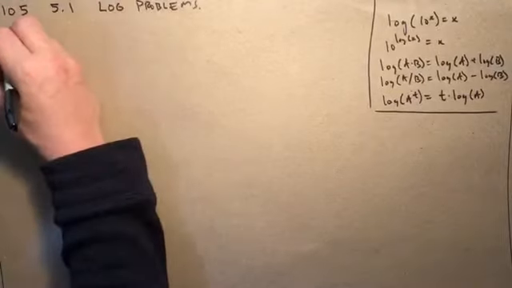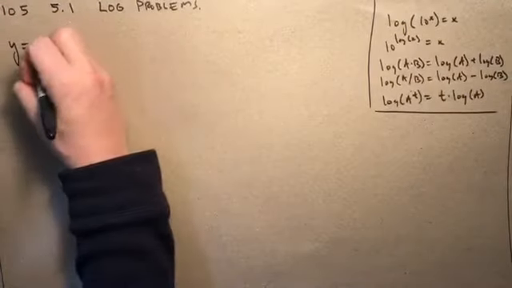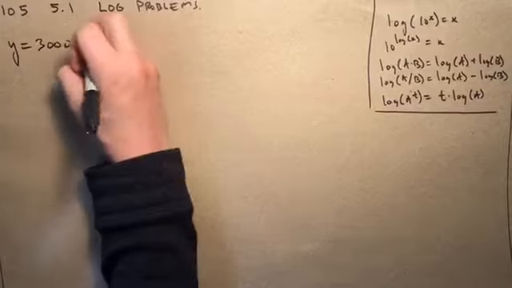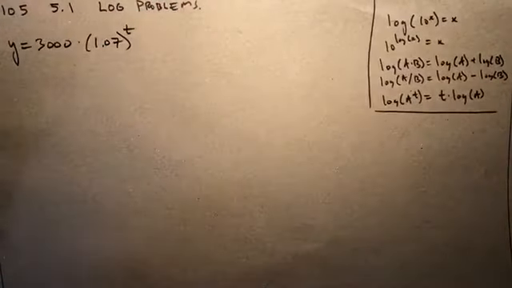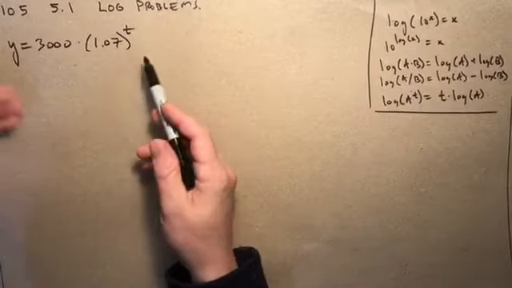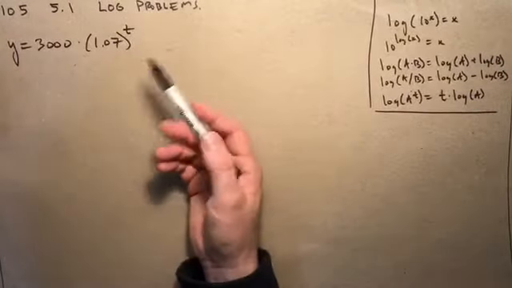Let's take an exponential. How about y is equal to 3,000 times 1.07 to the t. And the story here is that a population starts at 3,000 and grows by 7% each year.